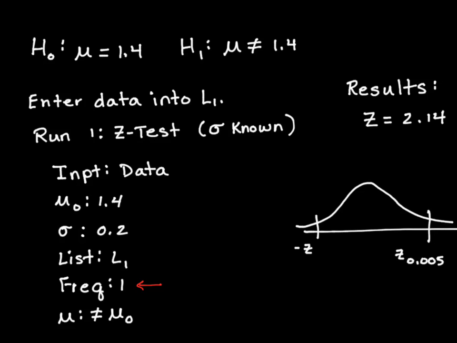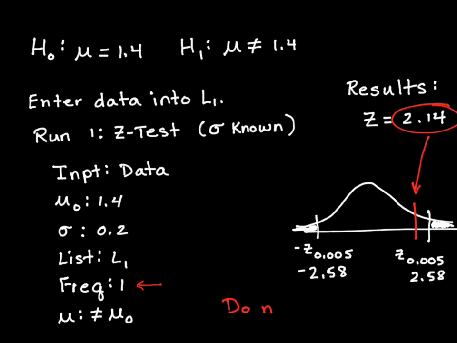Now I can compare that test statistic to the critical values we get. We have critical values of plus and minus 2.58. So that tells me again, my test statistic is falling in the do not reject area. So we are going to not reject the null hypothesis. And that's my conclusion.